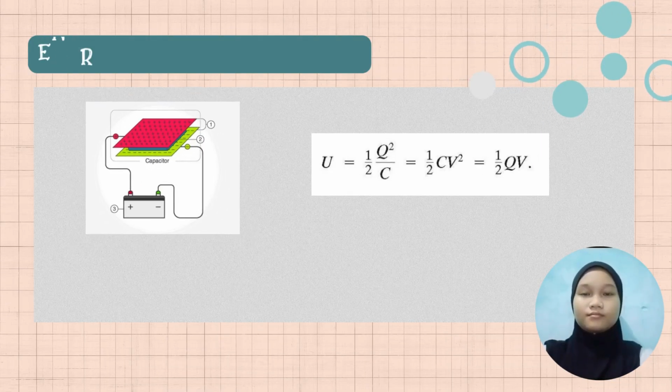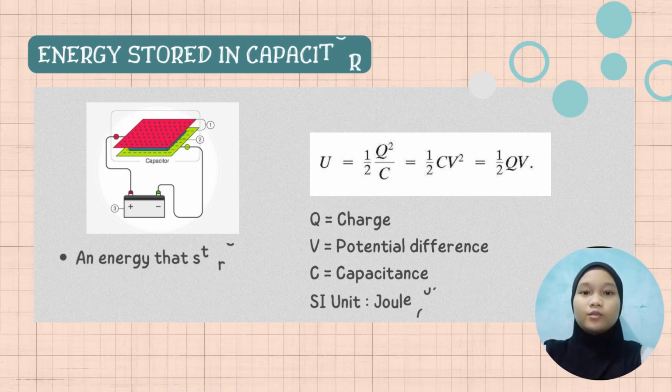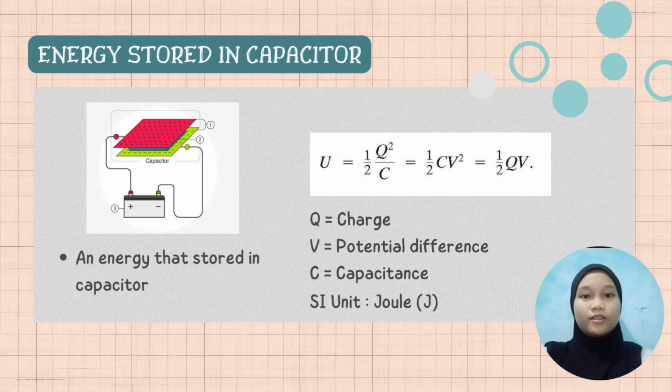Next, I'm going to present electric energy storage. The energy stored is U equals half CV squared equals half QV, where Q is the charge, V is the potential difference, and C is the capacitance.